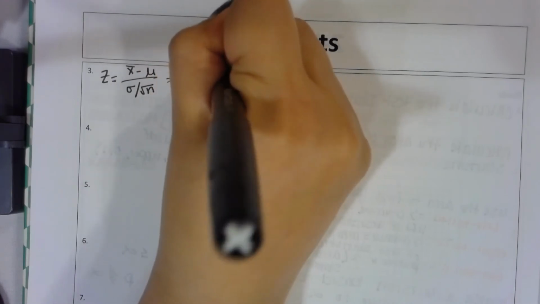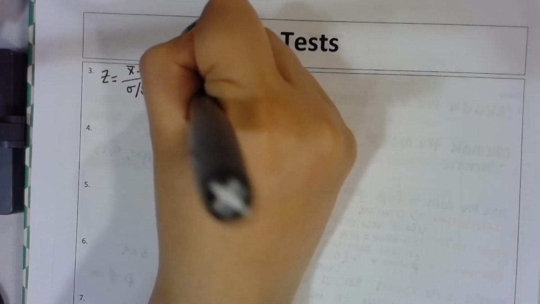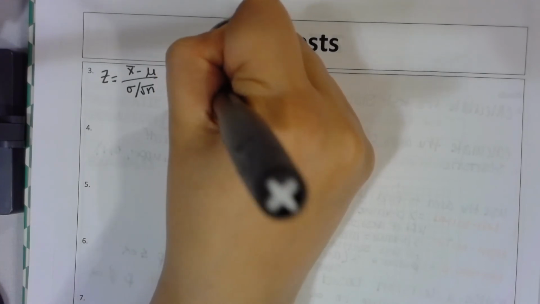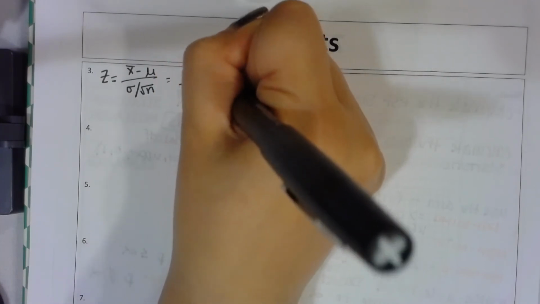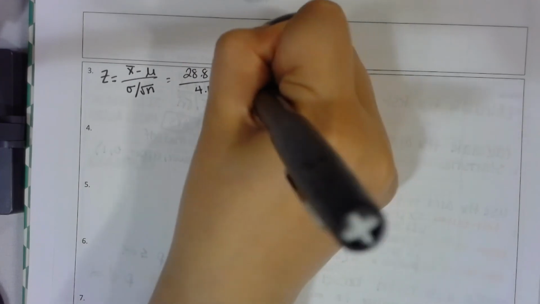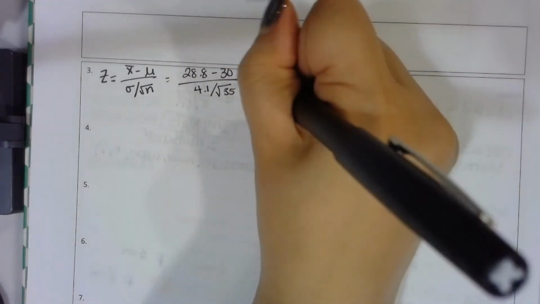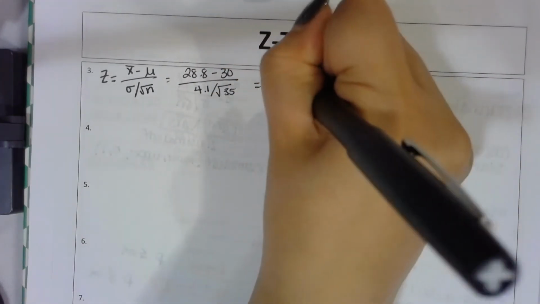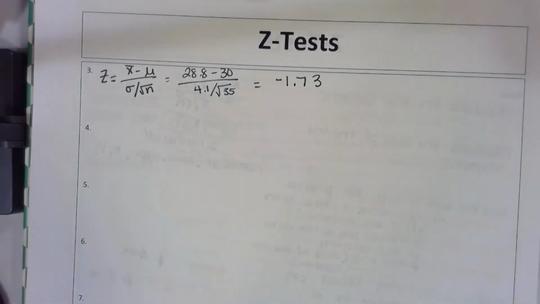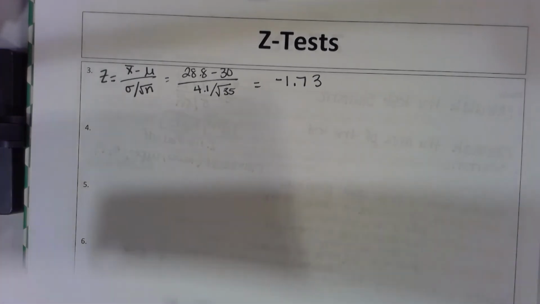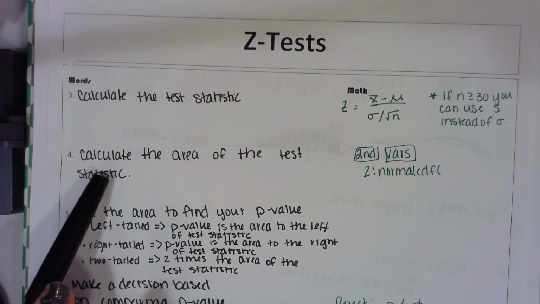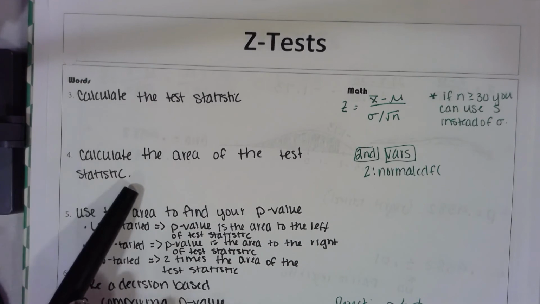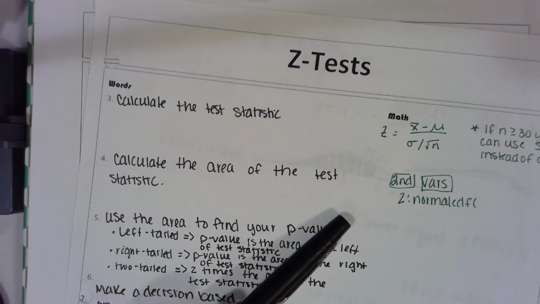You can tell this part because if you had this drawn, and since your z is negative 1.73, when you go and you plot it, you go over to your null hypothesis and your alternative hypothesis.